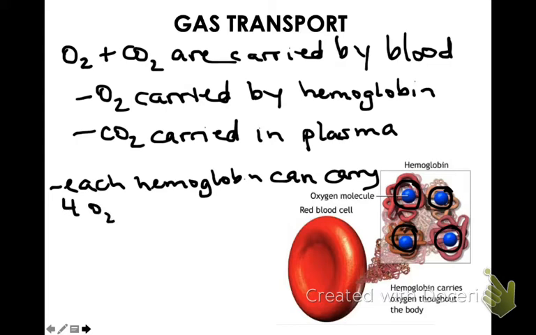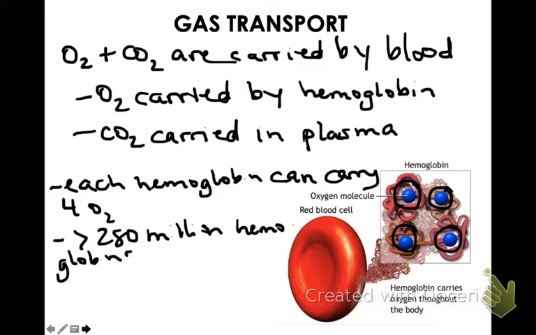And we actually have, this is going to be crazy, more than 280 million hemoglobins. But not in our body. We have over 280 million hemoglobins in each red blood cell.